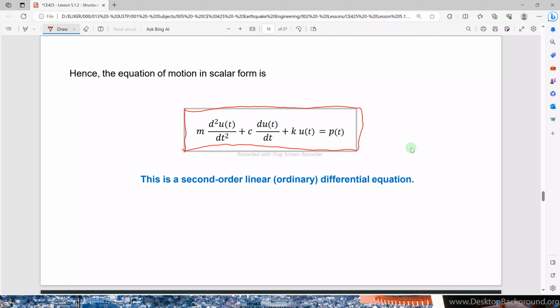equation of motion. So kung ato na siyang isulat sa other form, that is just what?